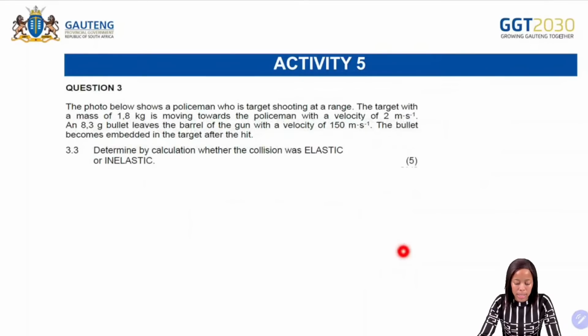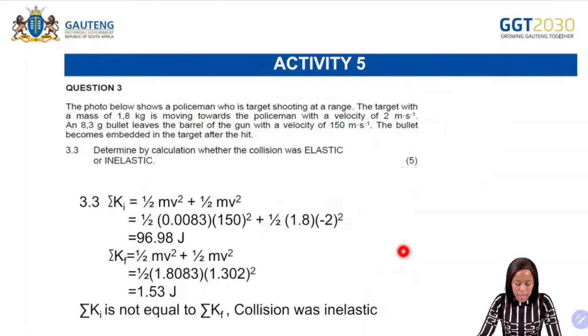Next one, it says determine by calculation whether the collision was elastic or inelastic. So remember, we said that if it is an inelastic collision, what are we going to do? It therefore means that the momentum before is equal to the momentum after the collision, but the kinetic energy before is not equal to the kinetic energy after.